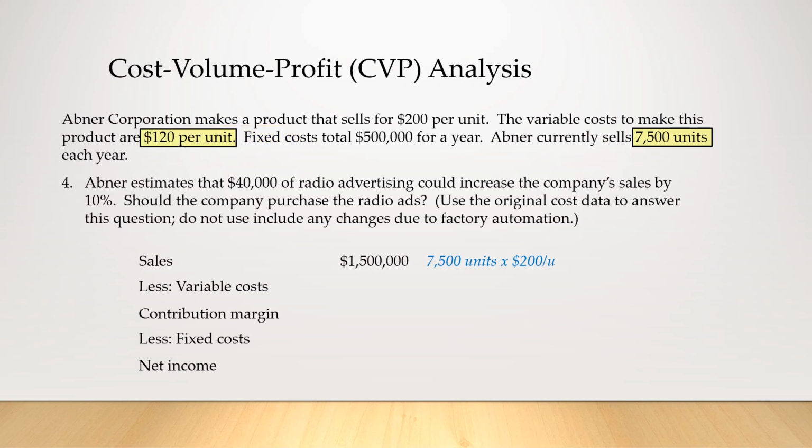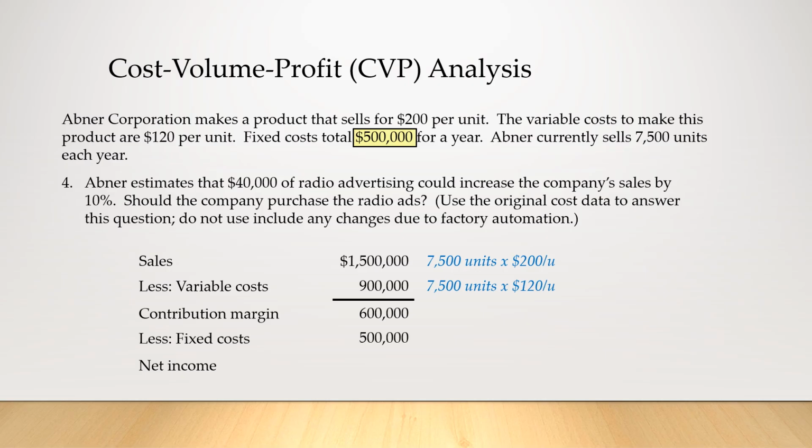To get variable costs, we multiply our sales volume by the per unit variable cost of $120 per unit, or $900,000. The total contribution margin will be $600,000. Abner's default fixed costs are $500,000, leaving a net income of $100,000.